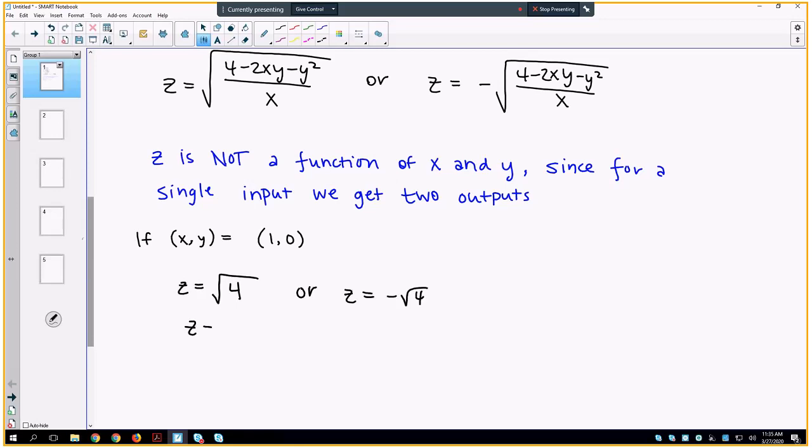So of course that's z equals 2 or z equals negative 2. So for the same input of 1, 0, I have two possible outputs for z. So I conclude that z is not a function of x and y.